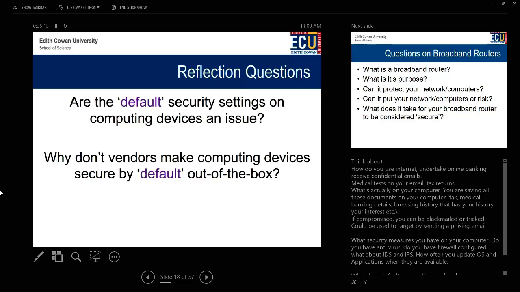I keep telling them, but they don't listen because they don't want the trouble of configuring those devices. I do it for them, but they just don't want to follow those steps. So do you think it is safe for us to use those devices with the default security configurations?